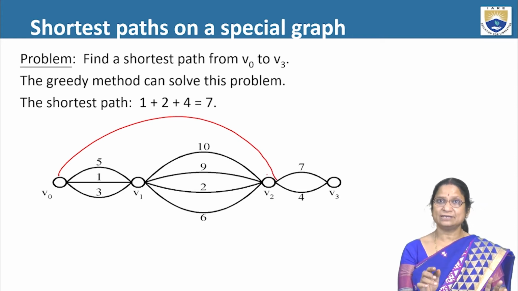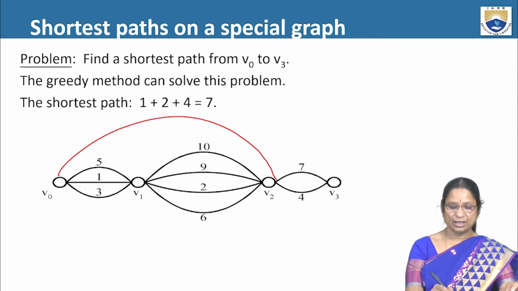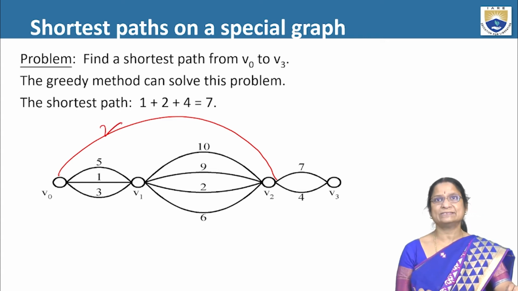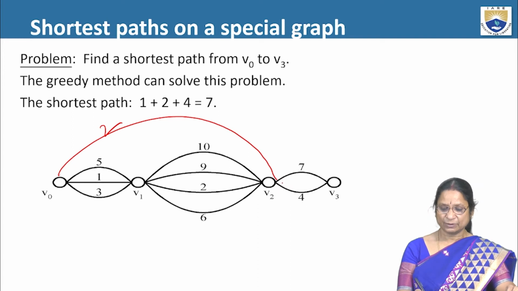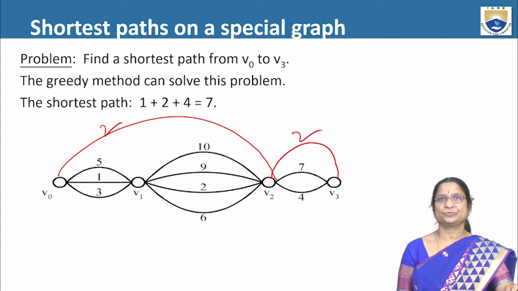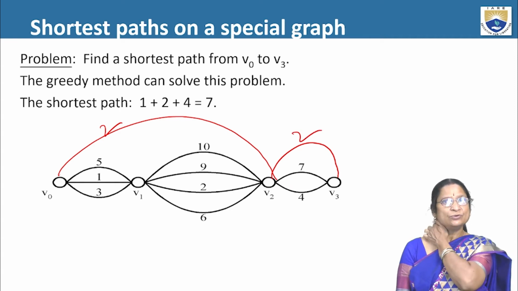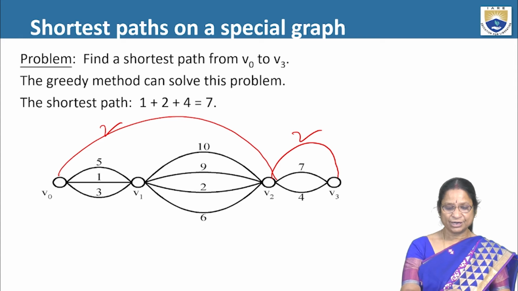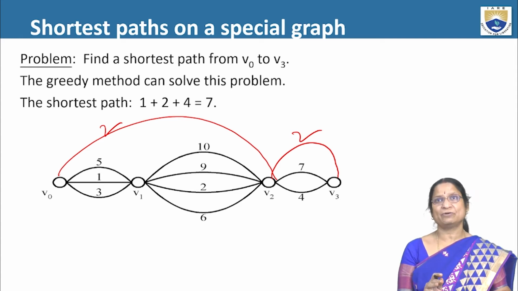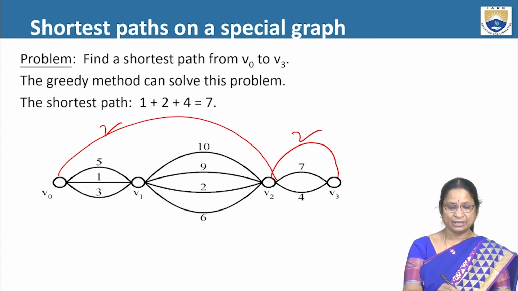Let us assume that there is an edge from V0 to V2 having 2 as value, and from V2 to V3 having 2 as a value. According to this greedy technique, I'll show why it is not providing the optimum.